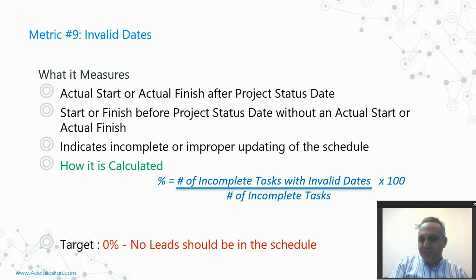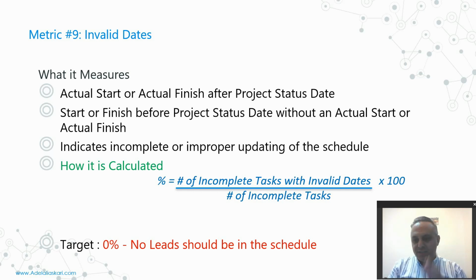The next criterion is talking about invalid dates, and invalid dates equals the number of incompleted tasks with invalid dates over the remaining activities or incompleted tasks, and this criterion should again be set at zero. But what is the meaning of invalid dates? If you have an actual start or actual finish after the project status date, it means invalid dates.